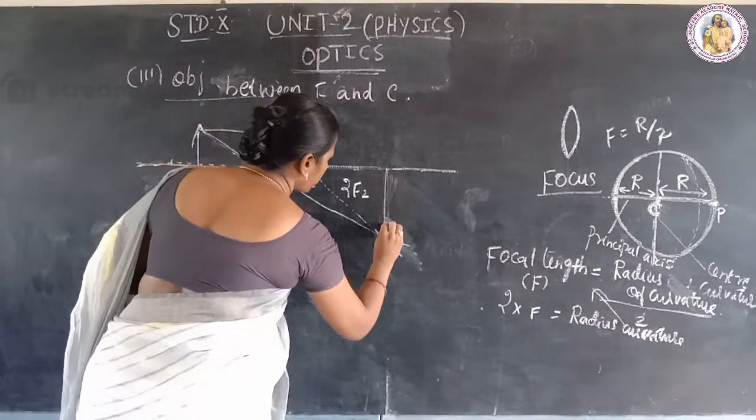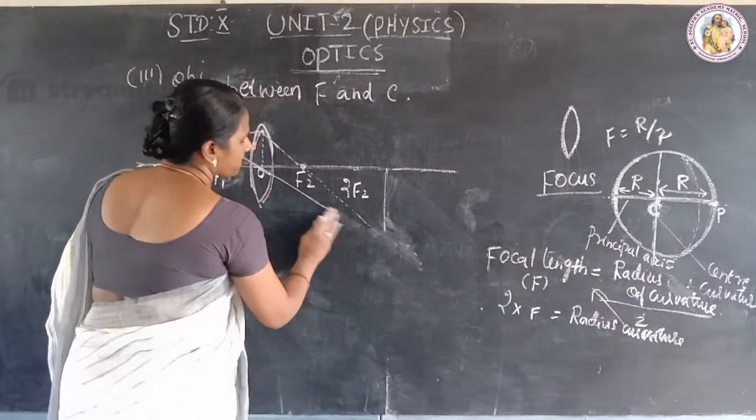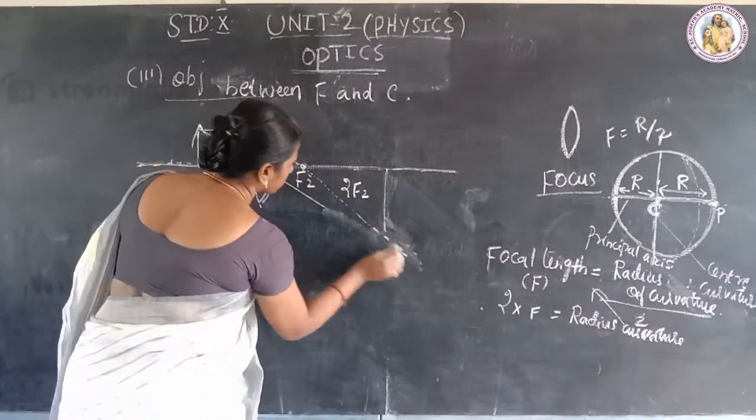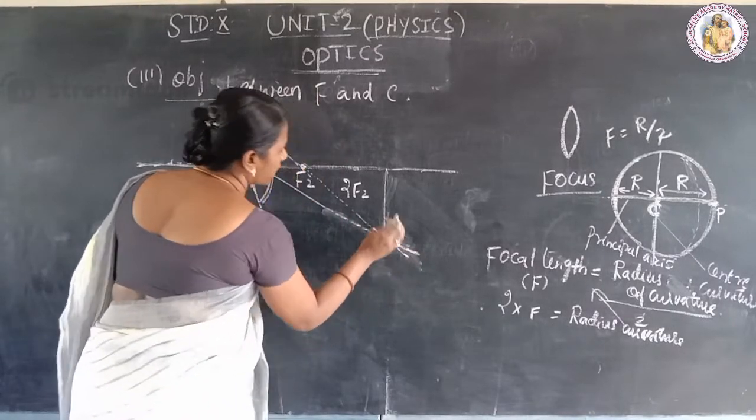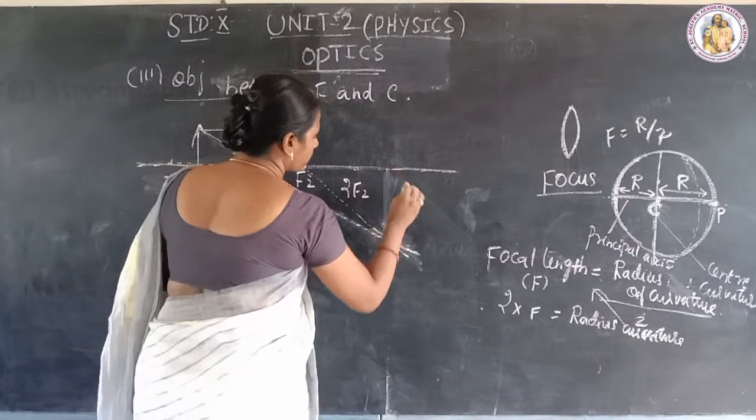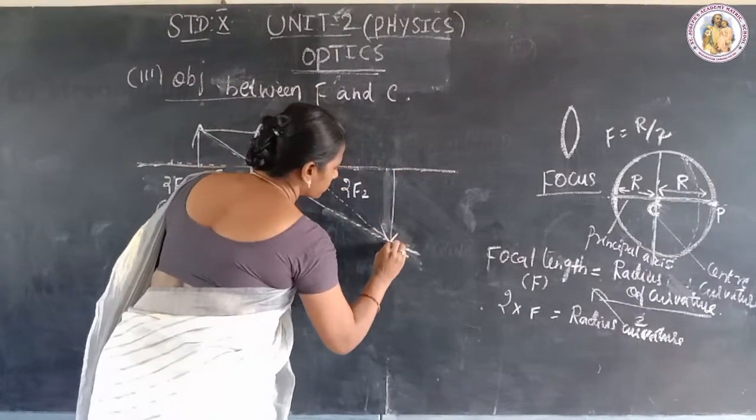At a point, the two rays are meeting here. At this intersection, we have the image.